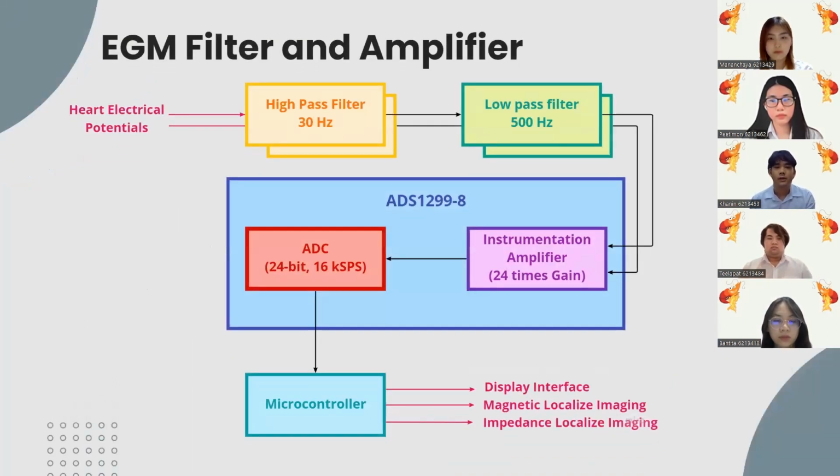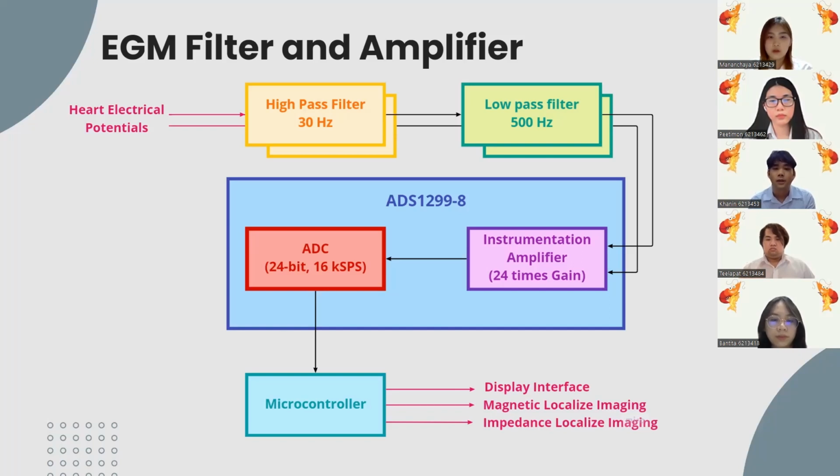From these characteristics of the EGM, we have designed a circuit to process the EGM before using it in other systems. Since we use the bipolar EGM, the system starts from 2 electrodes that sense the electrical potential from the heart. Each of them goes into its own high pass and low pass filter, with cutoff frequencies at 30 Hz and 500 Hz respectively.